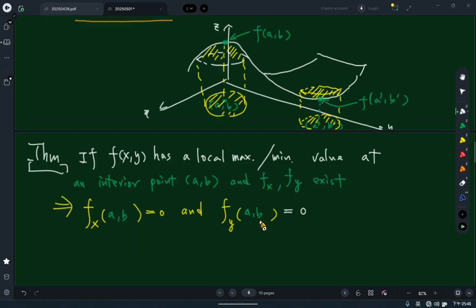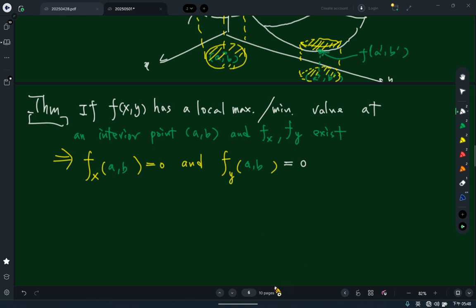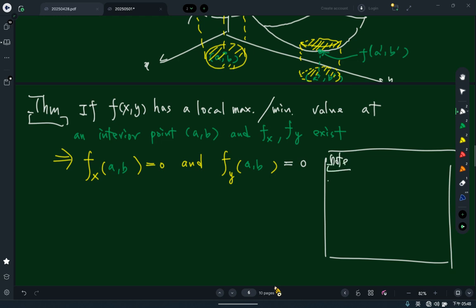So do you remember, compared to single variable? We also know this before, right? For single variable, y is equal to f of x. At that time, do you still remember there are some possible points we can find?